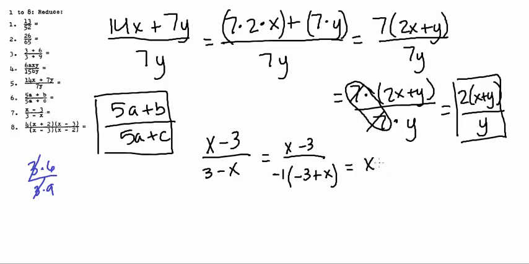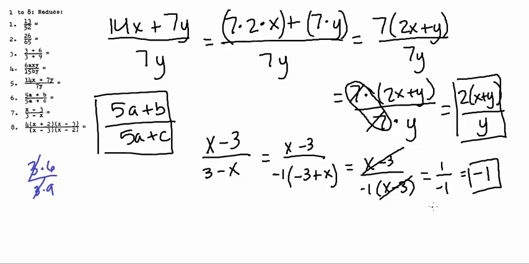So we're going to have x minus 3 over negative 1 times x minus 3. There, I just wrote the x first, followed by the 3. Now we have a common term. We have this x minus 3 here and this x minus 3 here. So that gives us a 1 over negative 1, which is just equal to negative 1. So that would be our answer for number 7.